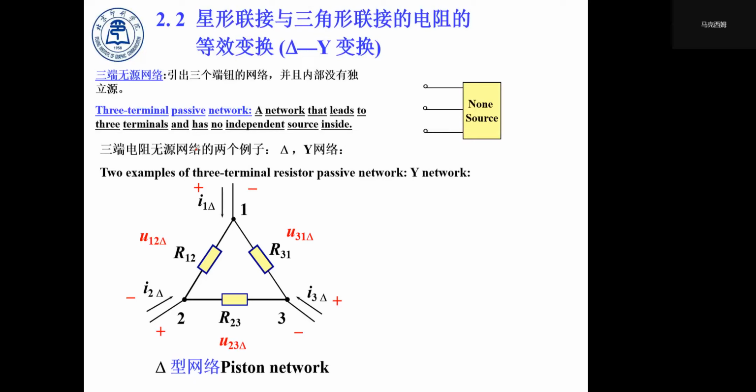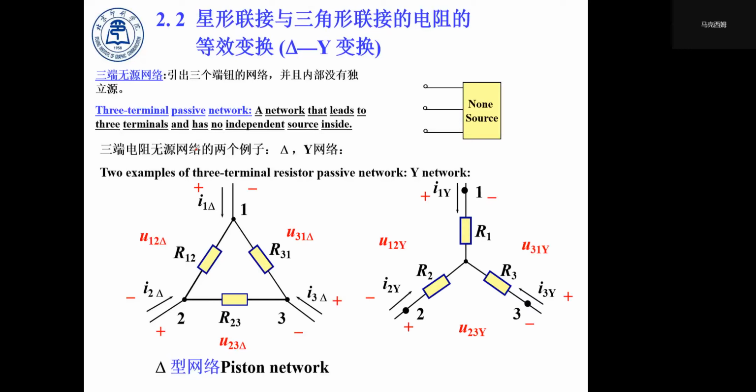we call it a three-terminal resistor passive network. And there are two types of this kind of three-terminal passive network. One is called the delta-shaped network. You can also call it a pi network. The other one, we call it the Y-shaped network. In those two networks, we both have three ports.